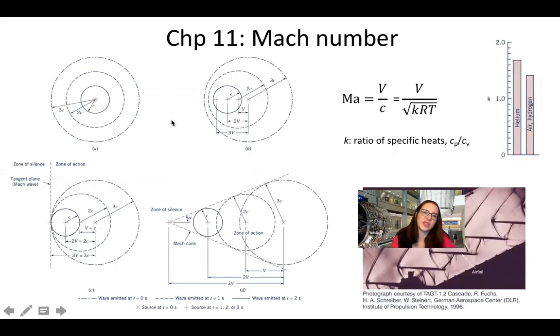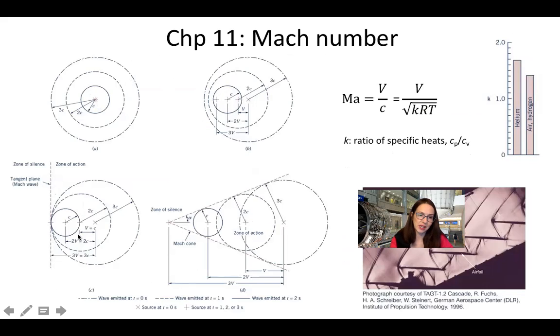So this is just a visual depiction of sound waves building up. Here we have a pebble dropped in a pond, and it's letting out ripples on the surface of the pond, and the pond below it is not moving. Here we have a current in the pond, and you start to see some asymmetry in our ripples.